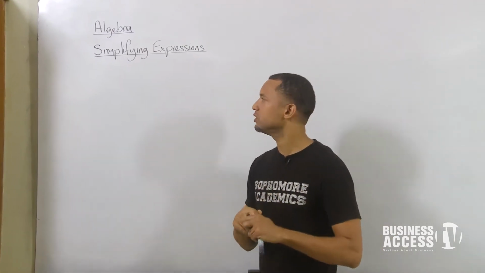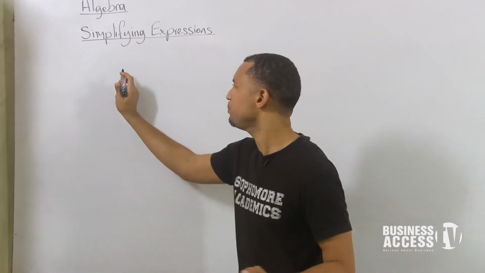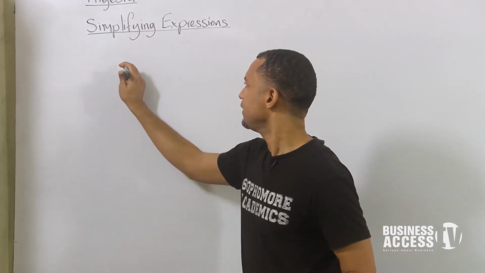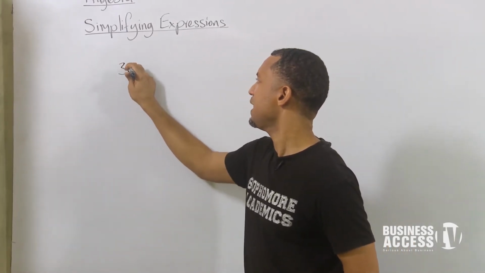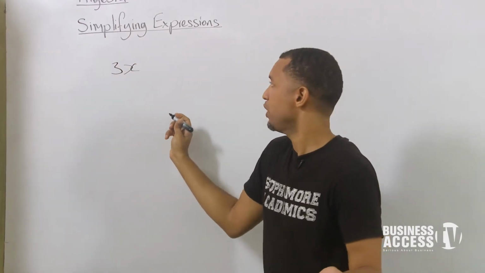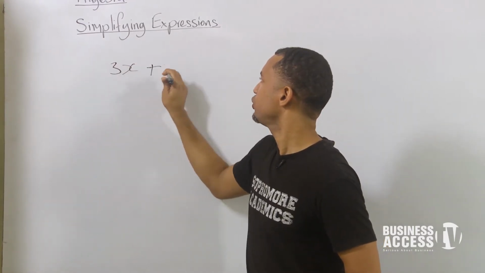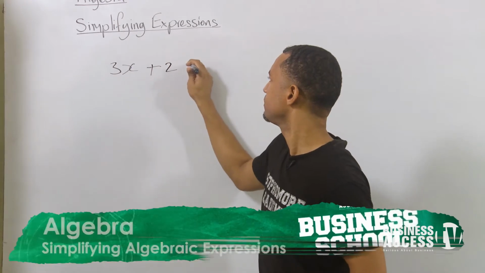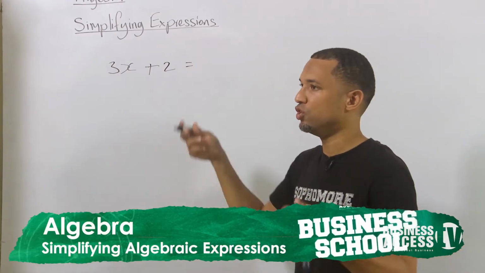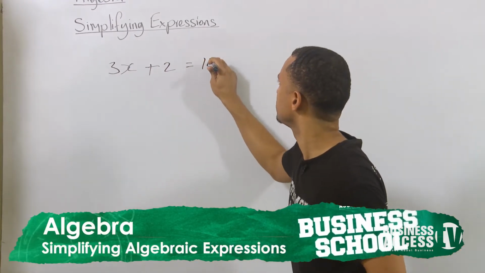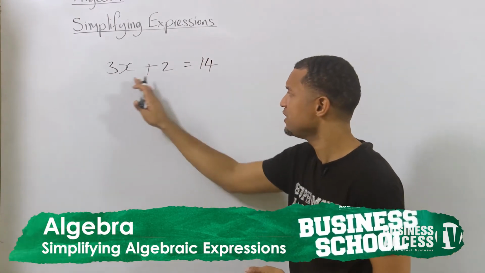I am going to put something on the board. Let's say 3 times a number, plus 2 is equal to 14. All right, so we have this right here.